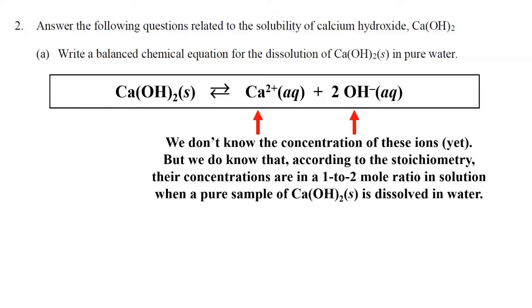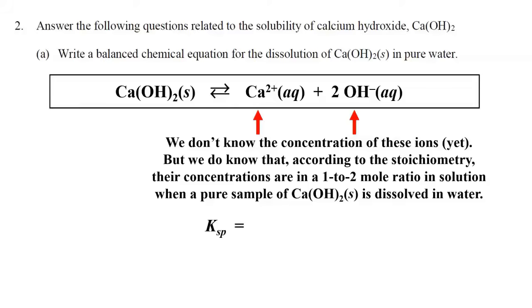We don't know the concentration of these ions yet, but we do know that, according to the stoichiometry, their concentrations are in a 1:2 mole ratio in solution when a pure sample of solid calcium hydroxide is dissolved in water. For every 1 mole of solid calcium hydroxide that dissolves, 1 mole of calcium ions are produced and 2 moles of hydroxide ions are produced.